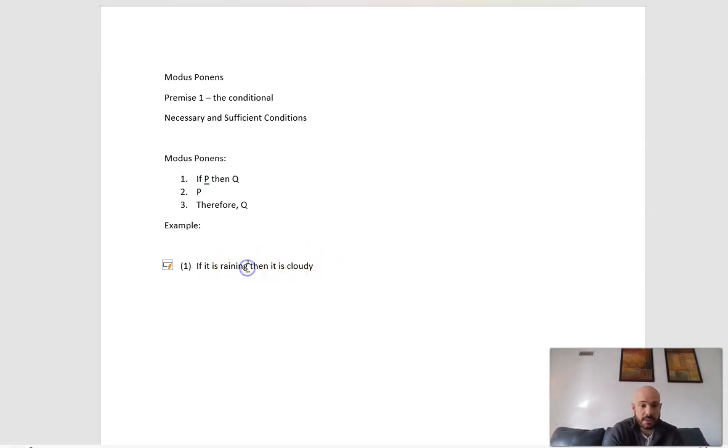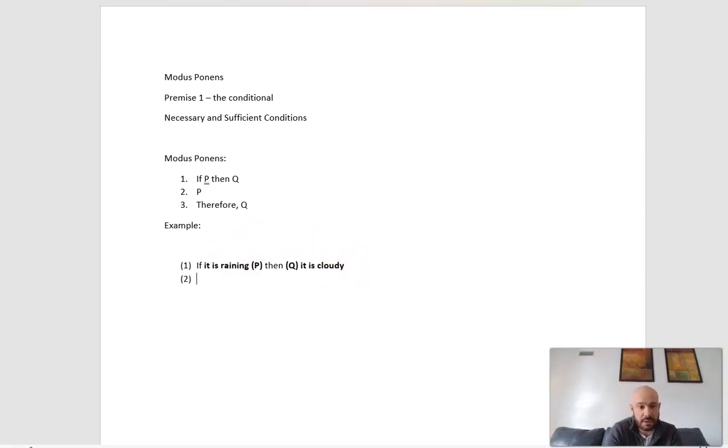The P is this. Everything before the then, except for the operator, you don't need that. And the Q, then, is everything after the then. So these are your variables here, now identified. So we can say if P, it is raining, then Q, it is cloudy.